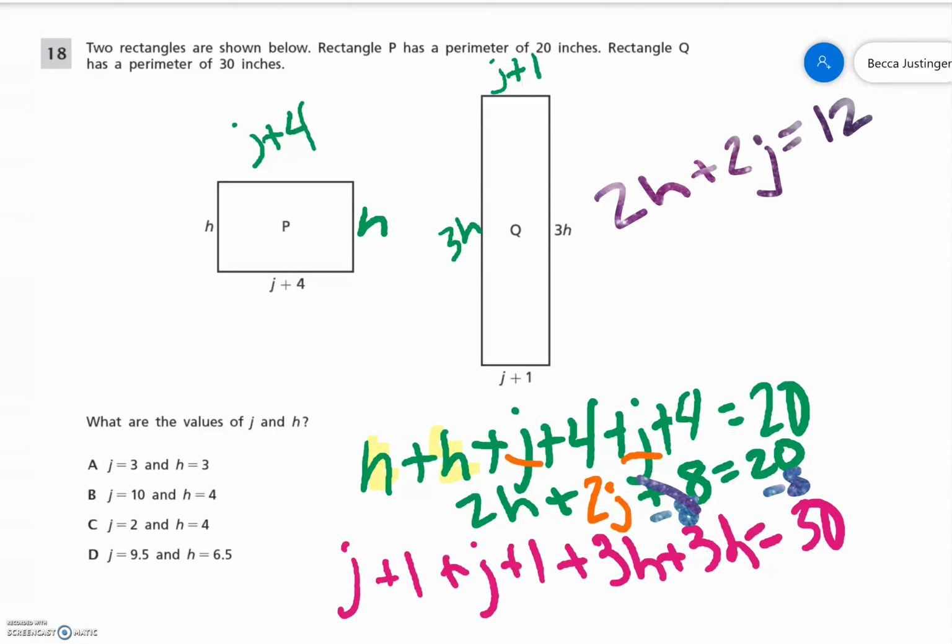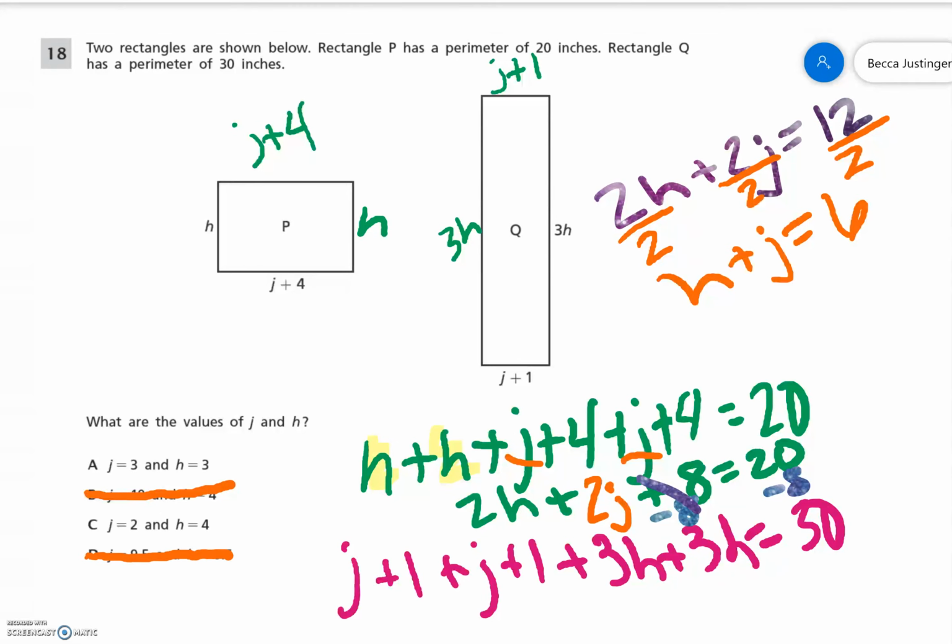But I could divide everything by 2 and see that H plus J has to equal 6. Looking at the answers here, if J and H were both 3, that would equal 6. If J and H were 10 and 4, that would not equal 6. 2 plus 4 equals 6. 9.5 plus 6.5 does not equal 6. So I crossed both of those out.